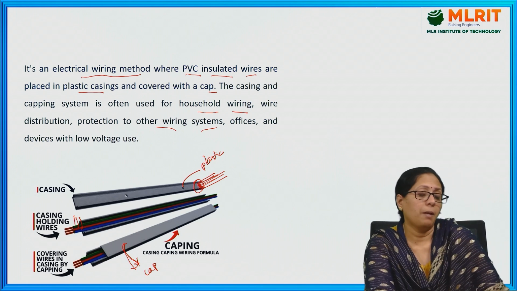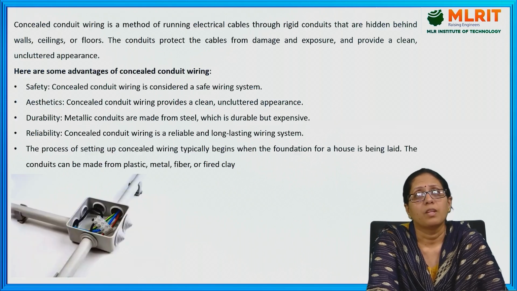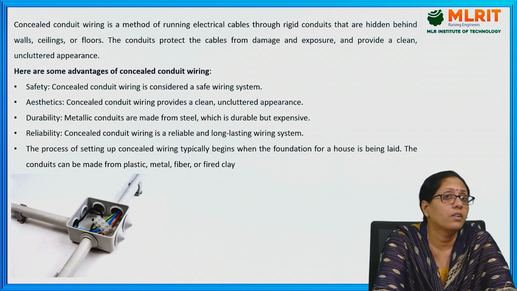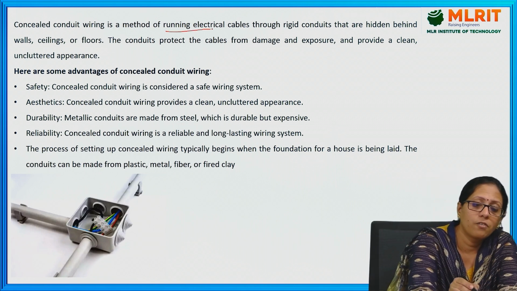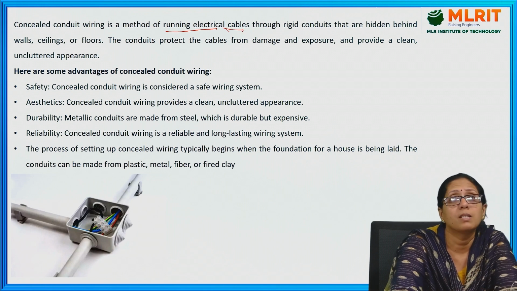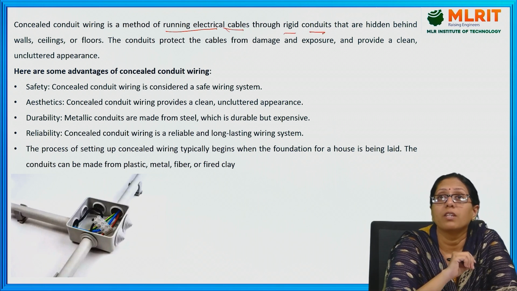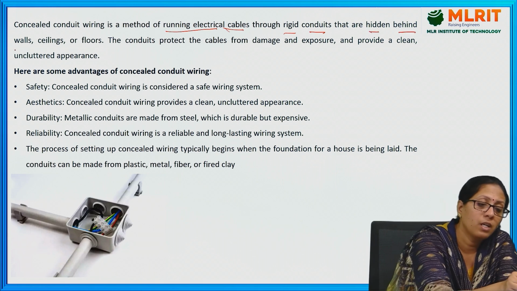The next type is concealed conduit wiring. Here you can see the picture of concealed conduit wiring. Concealed conduit wiring is a method of running electrical cables through rigid conduits that are hidden behind the walls.